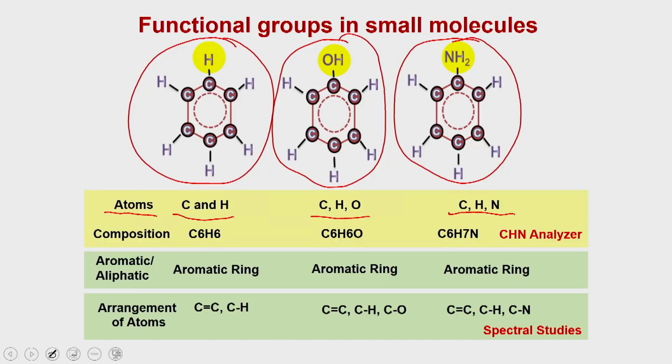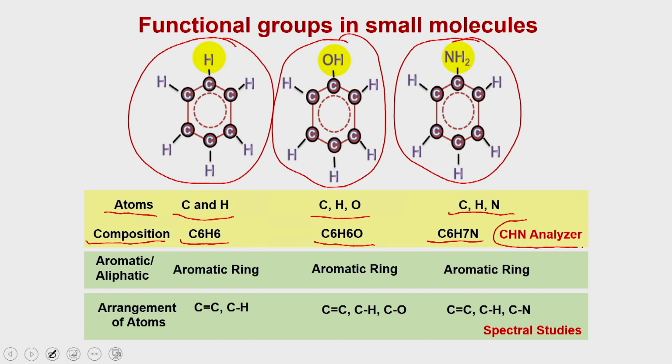For example, benzene contains carbon and hydrogen, phenol contains carbon, hydrogen and oxygen, and aniline contains carbon, hydrogen and nitrogen. If you do the composition analysis, the composition of benzene is C6H6, of phenol is C6H6O, and of aniline is C6H7N.